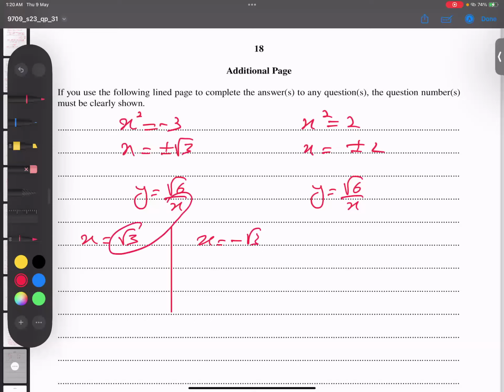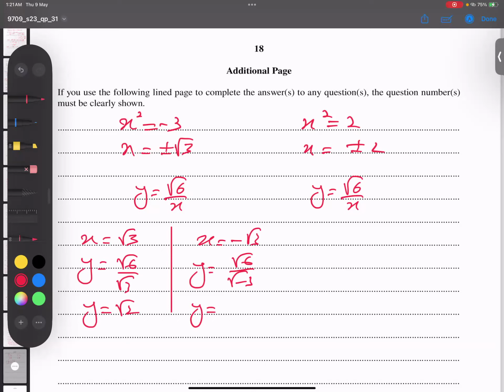So if I plug in positive root 3, students, y becomes what? Root 6 over root 3 becomes root 2. If I plug in y equal to root 6 over negative root 3, I get negative root 2.